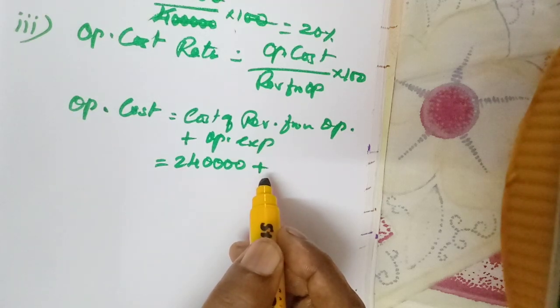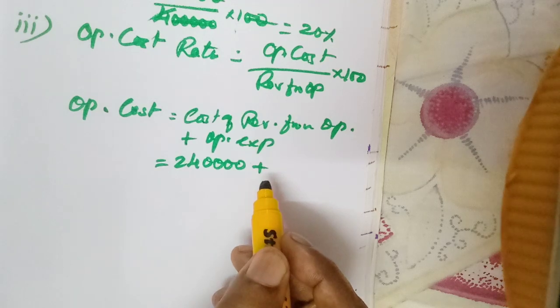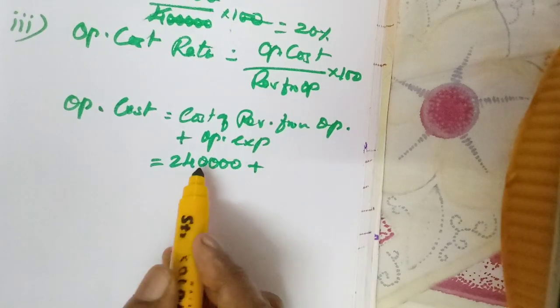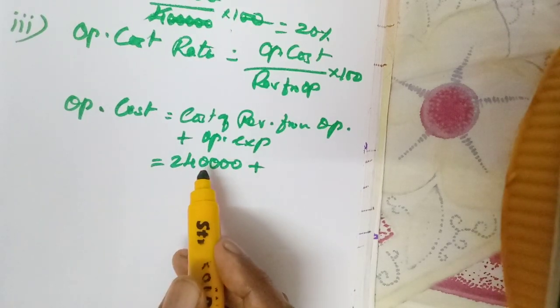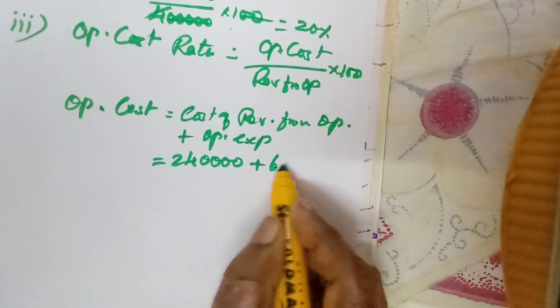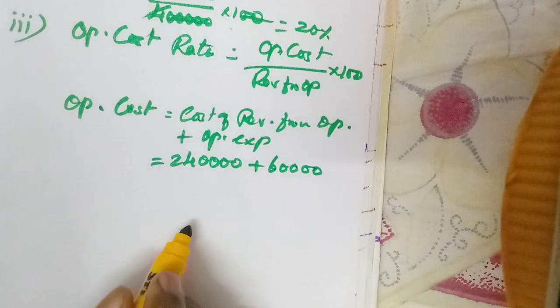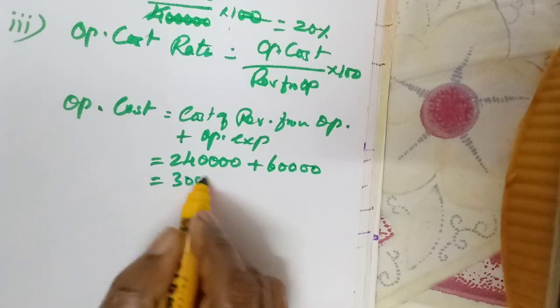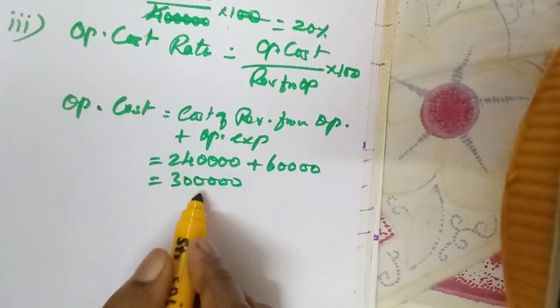Here purchases and change in inventories we have taken, that is cost of revenue from operation. Operating expenses of administration and selling, that is 60,000. Then finance cost will not come. So how much? 3 lakh. So operating cost is 3 lakh.